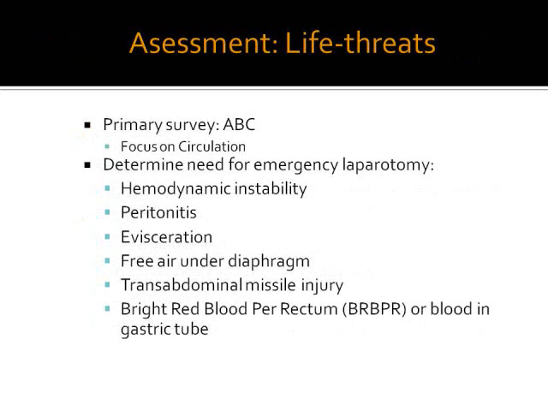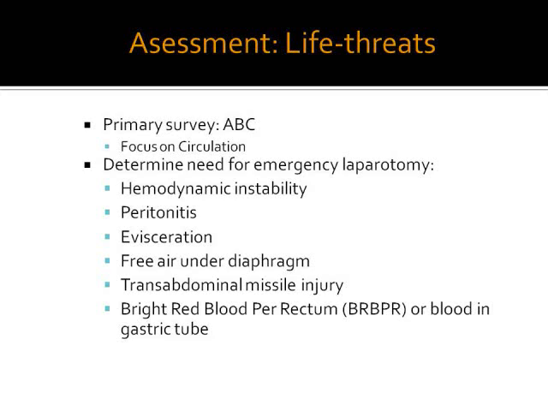How do we assess a patient with abdominal injury? Again, as always, we start with the primary survey, and our focus is mainly on circulation because it's the one that's most affected in abdominal trauma.